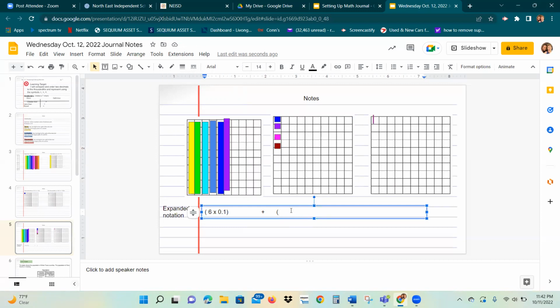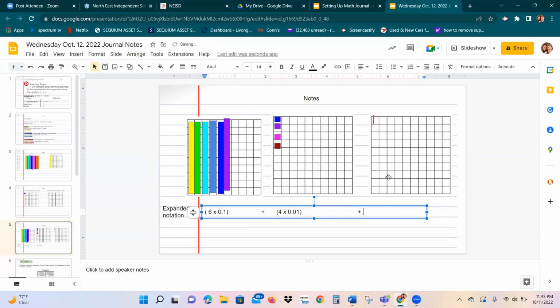So I have 4, and they each represent 4 out of 100, but I'm going to write it as a decimal. So it's 0 for 0 whole numbers, decimal point. We've already done the tenth, so I'm going to put a 0 there, and then it's the 1 to represent the hundreds. And then over here, I'm just going to leave that thousands the way it is.